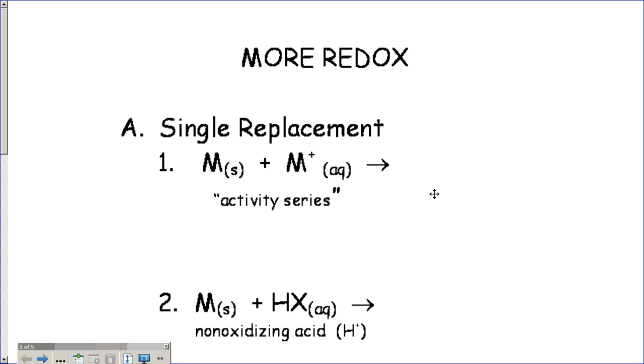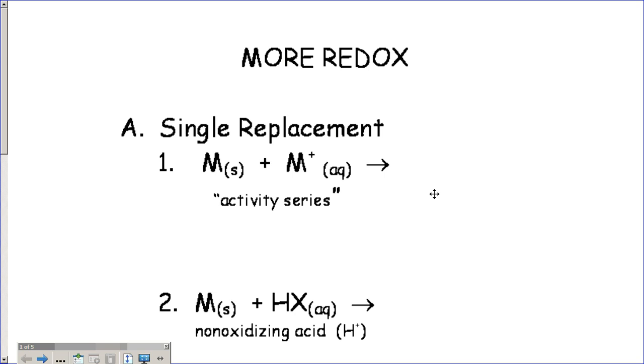Although I will say under the common reducing agents, the best reducing agents are your alkali metals, and then your alkaline earth metals in family 2A would be next after that. And then your multivalent monatomic cations, those transition metals, are pretty good reducing agents. They really like to oxidize. Because the multivalent metals have that huge d block, they oxidize pretty well.